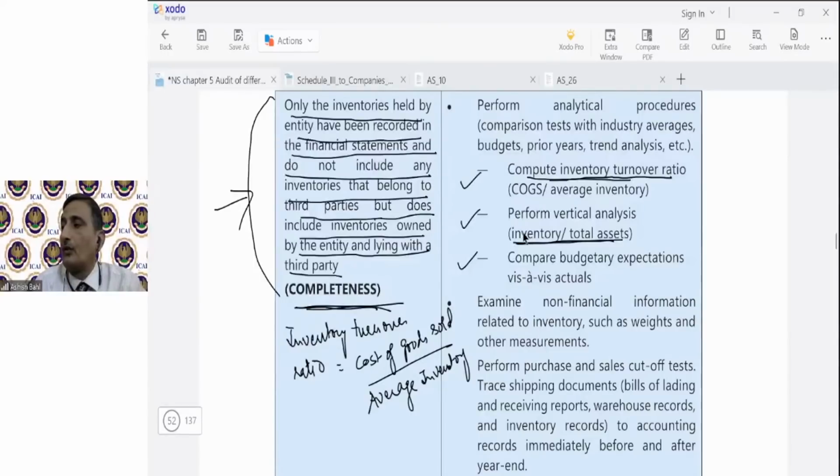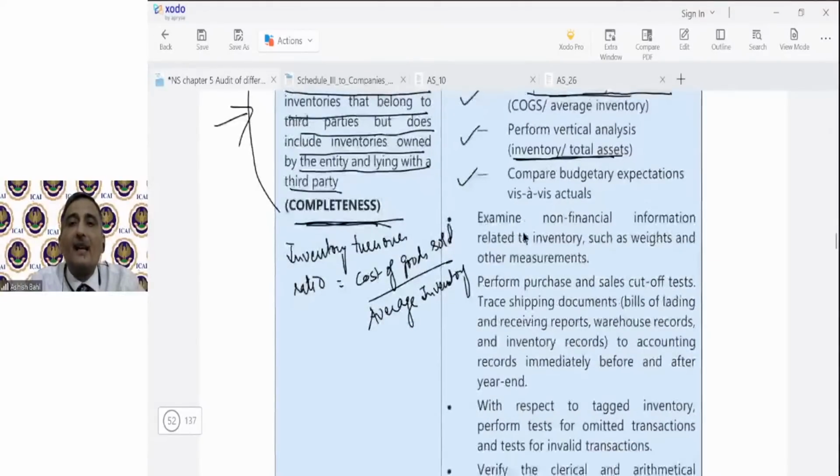The cost of goods sold is the cost of producing goods, like opening stock plus purchases plus direct expenses minus closing stock, or you can say sales minus gross profit. Say the cost of goods sold of a company is 50 lakhs and average inventory is 5 lakhs. So the inventory turnover ratio comes to 10.